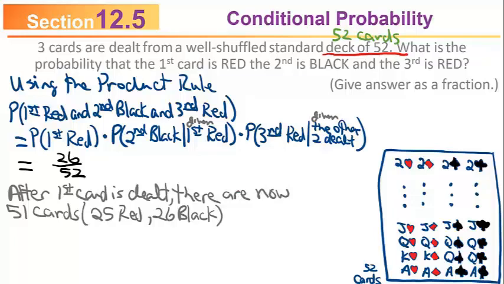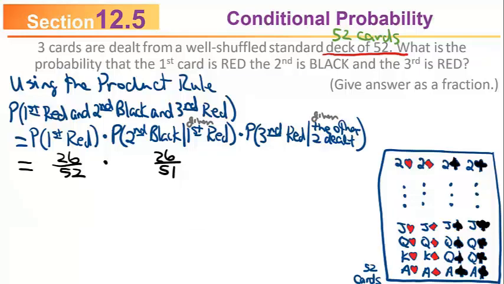I drew out a red, so there are only 25 reds and 26 blacks. So the probability of getting a second black from that deck of 51 cards is 26 out of 51. I want a black, and there are still 26 blacks in there, but there are only 51 cards in the deck.